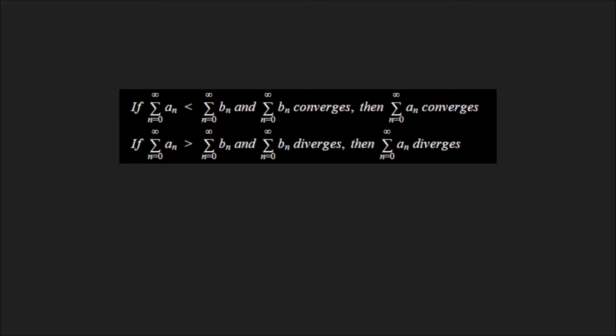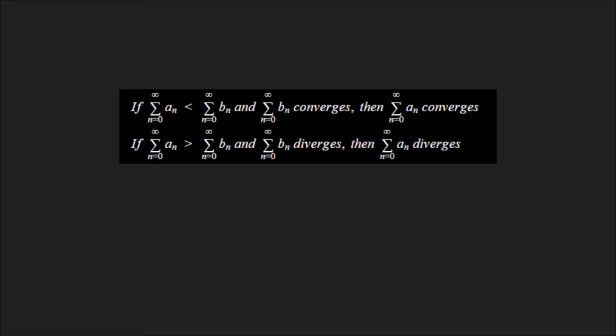And it also states that if the series of b sub n diverges and it happens to be less than a sub n, then the series of a sub n diverges as well. Now, if a sub n is less than b sub n and the series of b sub n diverges, then the test comes back inconclusive, and vice versa as well.